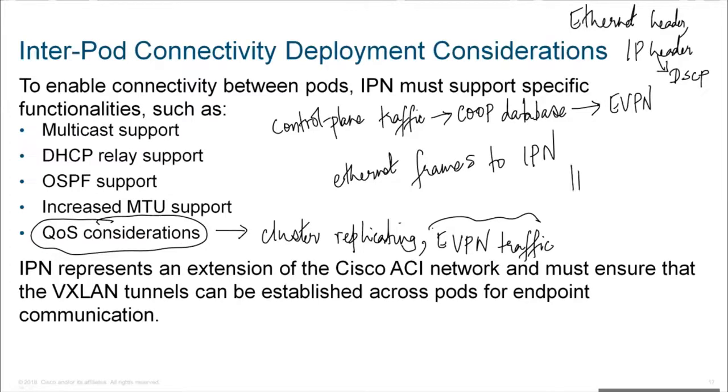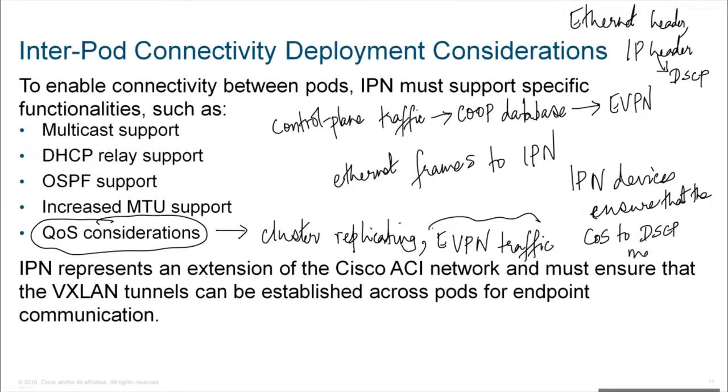On the IPN switches, on the IPN devices, ensure that the cost to diffserv code point mapping is correct on the ingress side, and then on the egress, diffserv code point mapping to cost is also consistent.